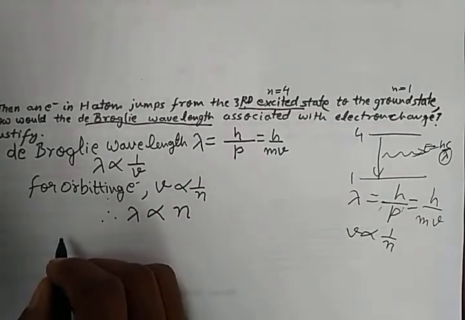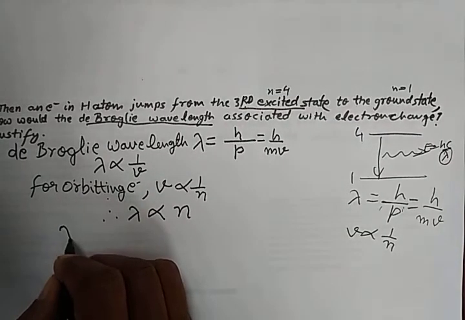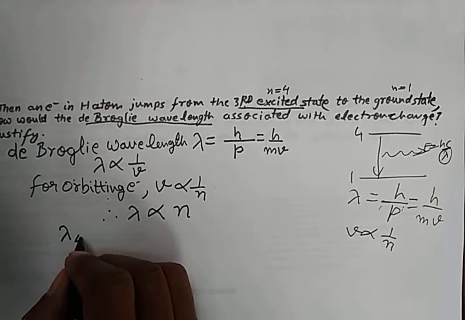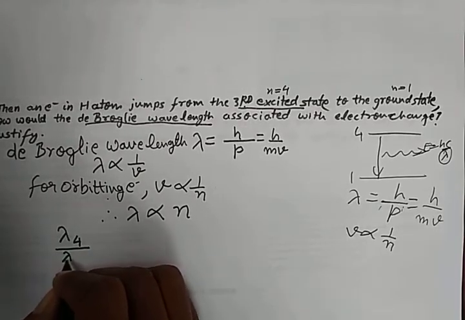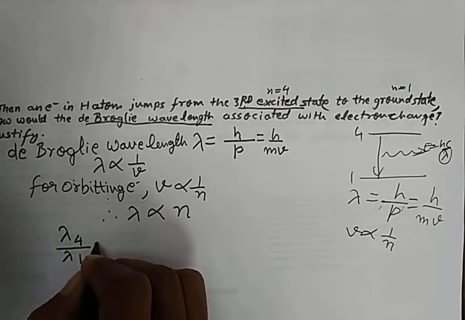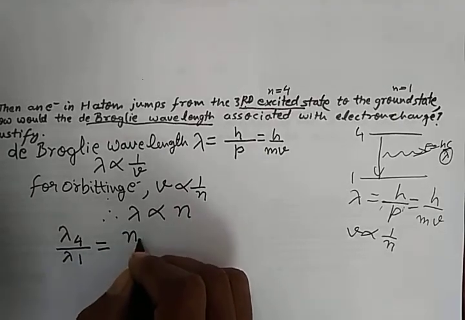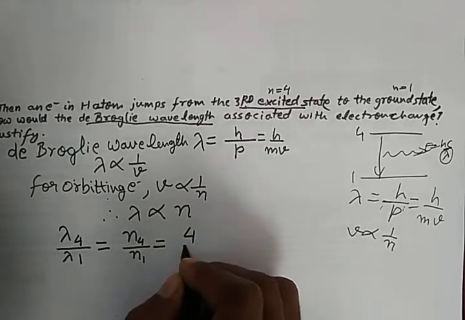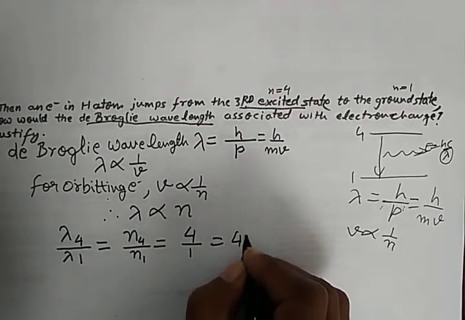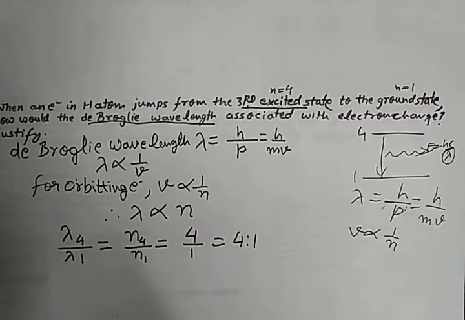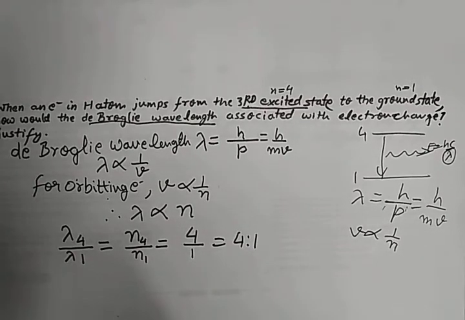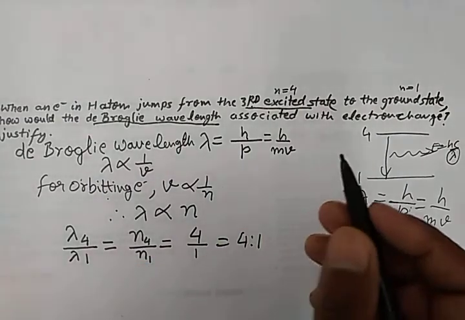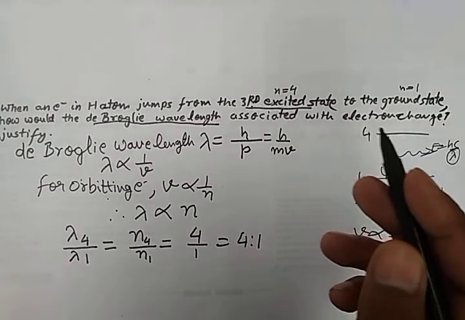It's so simple. Lambda for the third excited state upon lambda for the ground state, lambda 4 upon lambda 1, is equal to n4 by n1, and n4 is 4, n1 is 1, so it is 4:1. Oh, okay, they have asked how it changed.